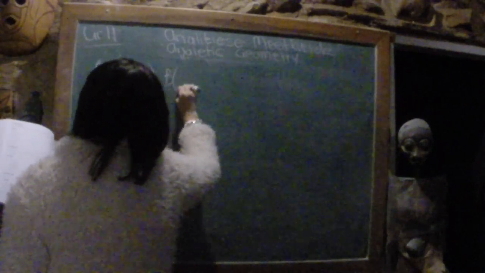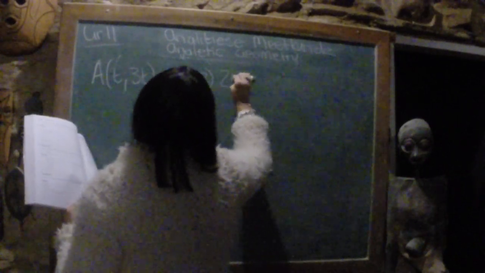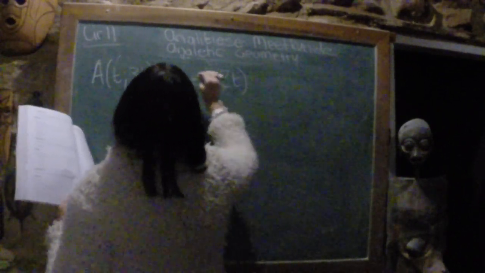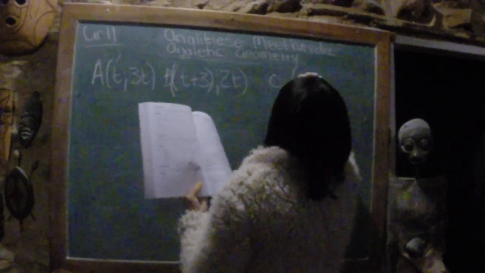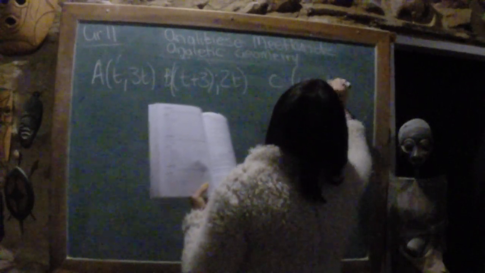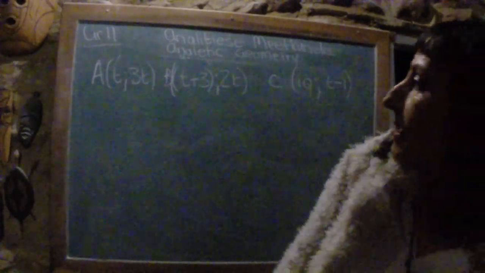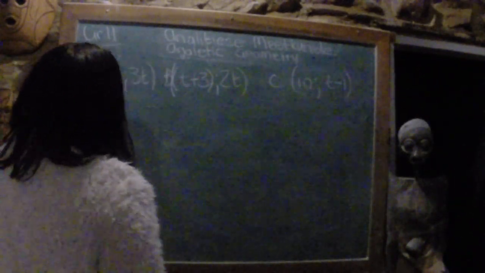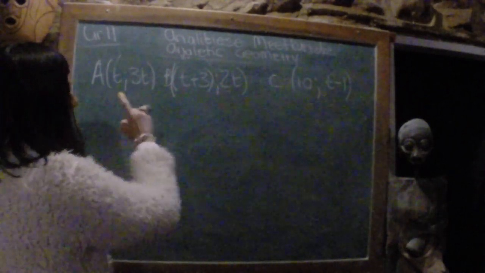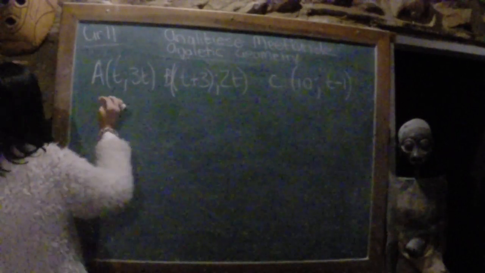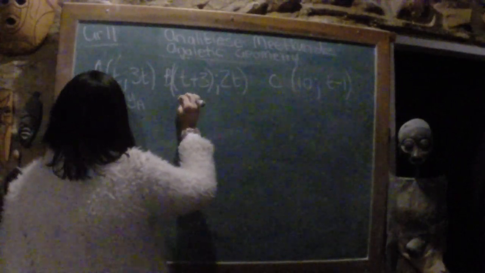B as T plus 3 and 2T. And then we've got a point C, en C is 10 en T minus 1. Die stelling wat ek maak is, ek sê dat A, B en C is collinear, bepaal die waarde van T. A, B and C are all collinear points, so determine the value of T.